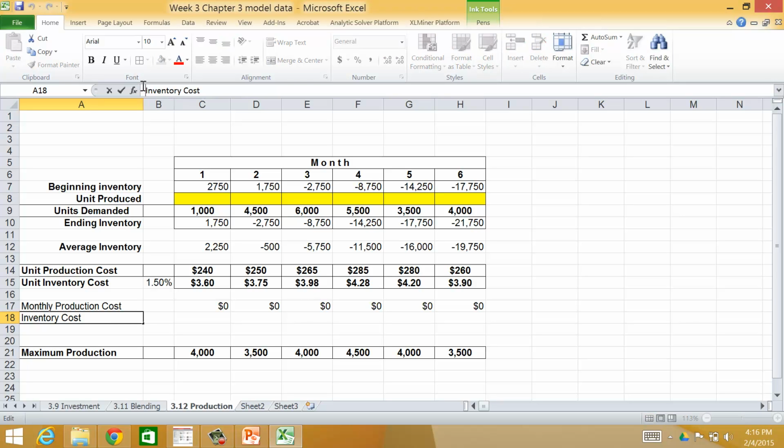So this way we present more information to the company. Okay, monthly inventory cost, and here will be the same. We're going to use average inventory multiplied by unit inventory cost.